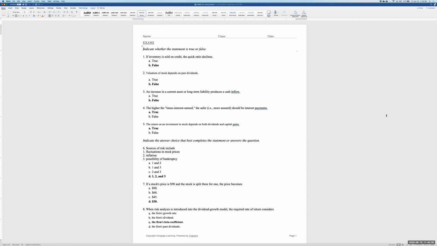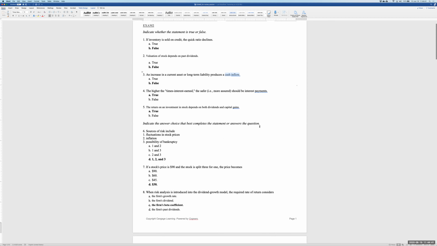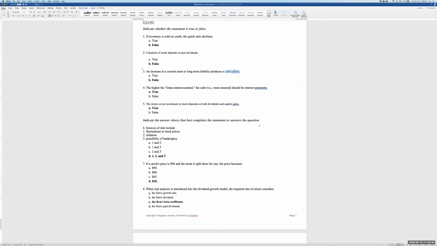An increase in a current asset means maybe the company buys some machine or inventory, so the company pays cash, or maybe uses debt. So it reduces the cash, and it doesn't produce a cash inflow, it produces a cash outflow. So it's false.